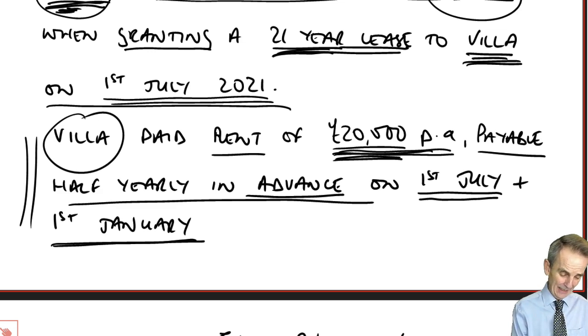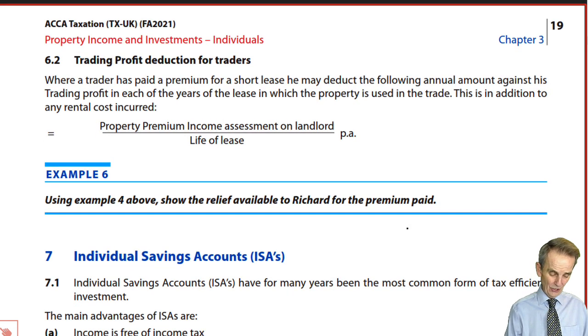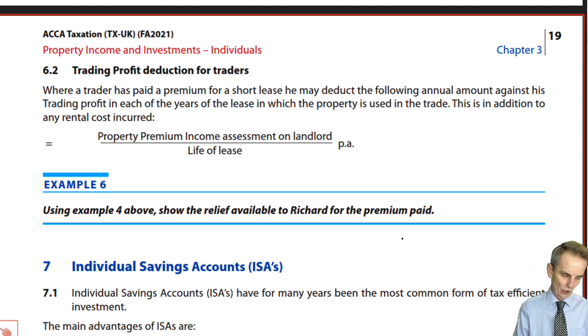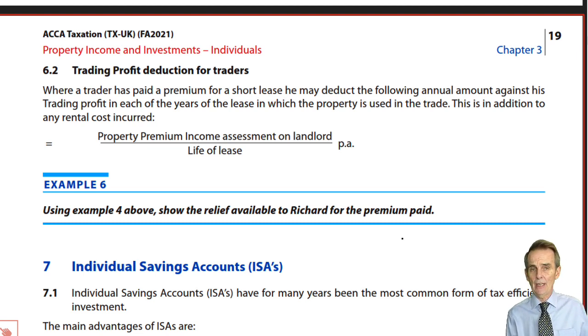Back to the study notes, you normally see this situation where it's not just an individual taxpayer who pays this premium on the granting of a short lease for a property in which they live. It tends to be set in a business context, and so it tends to be a commercial property.